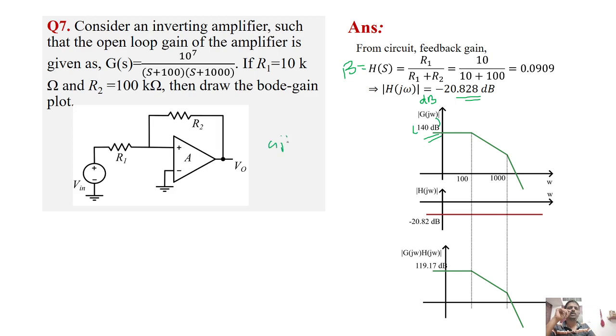G of j omega at 0 will be 10 power 7 by 10 power 5, so it is actually 10 power 2. In dB this will be 2 into 20, so 40 dB. Sorry, it is not 140, it is actually 40 dB.